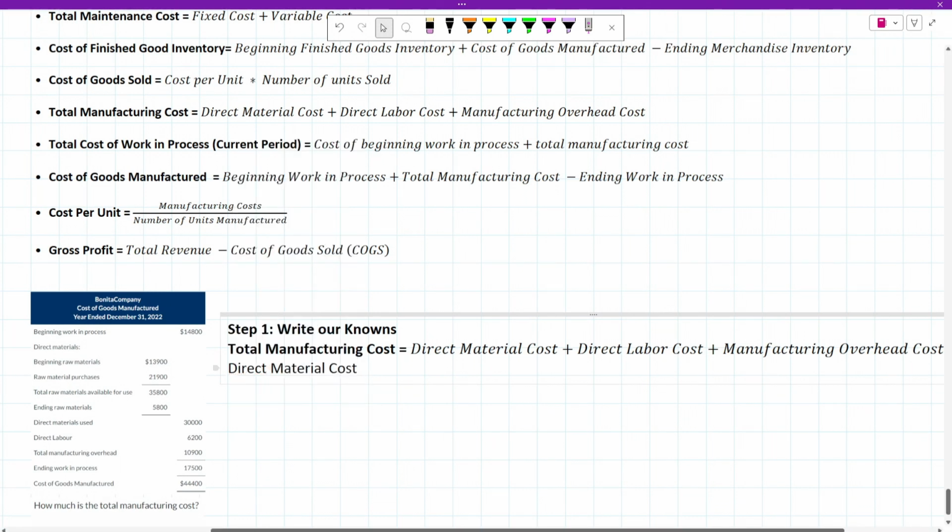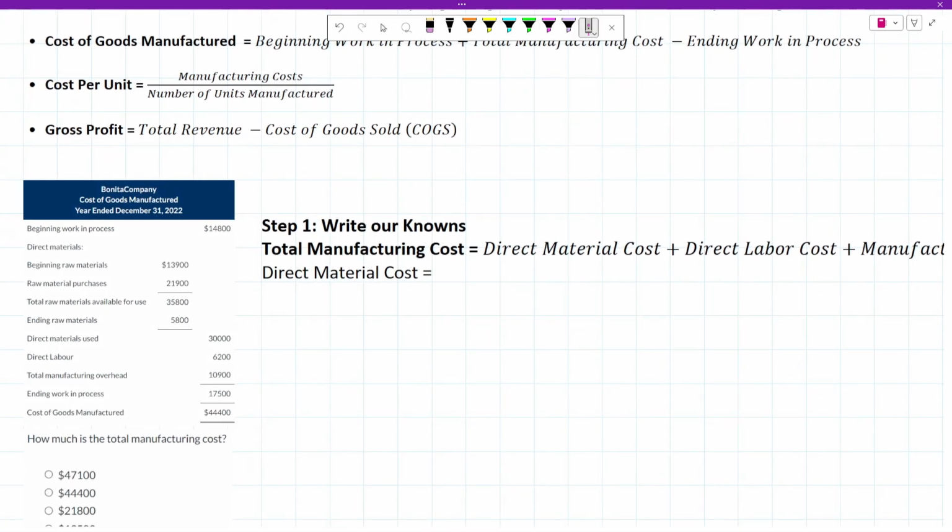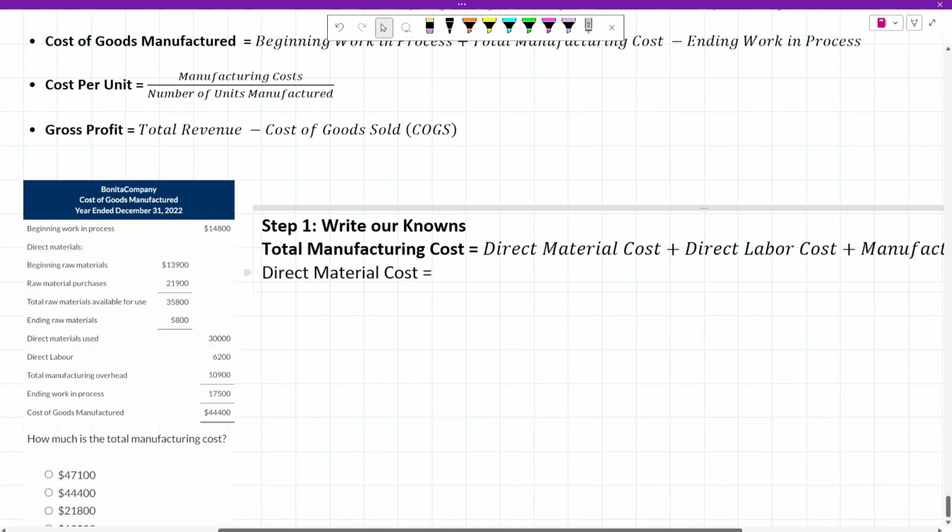So now we want to figure out our direct material cost. Let me highlight that. So this is equal to, looking at this, what do you guys think would be the direct material cost? You can see here we have the direct materials, and then direct materials used are 30,000. So that's what we're going to want to use. 30,000. Direct labor cost.